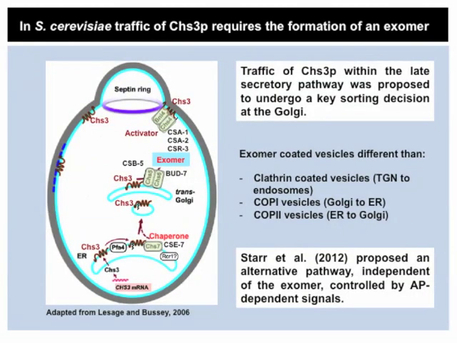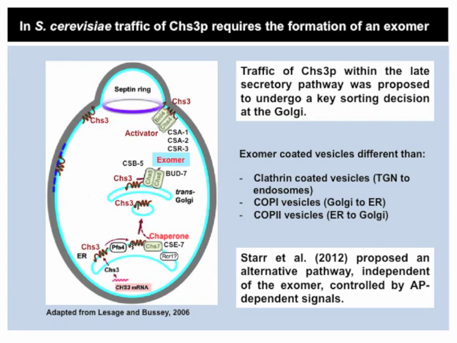But in yeast, and this comes from the work in the Schekman lab, and Trevor also has work on chitin synthase 3 in the yeast cells in Saccharomyces, they have found that chitin synthase 3 goes through the ER to Golgi pathway.